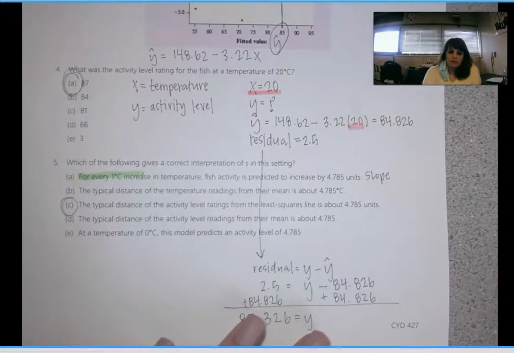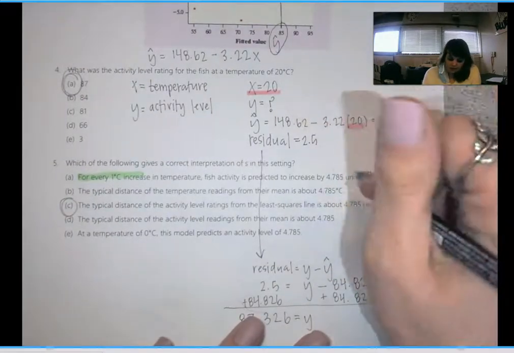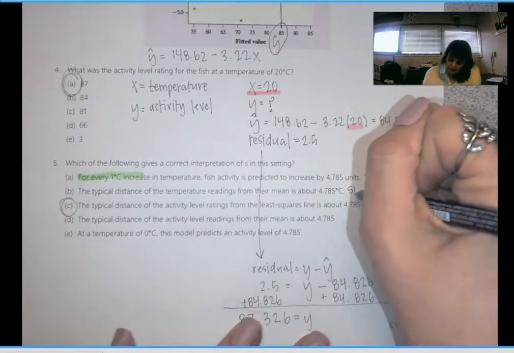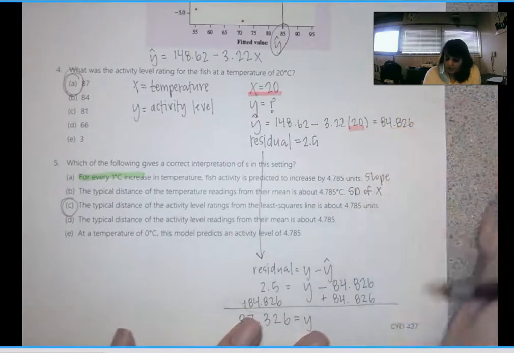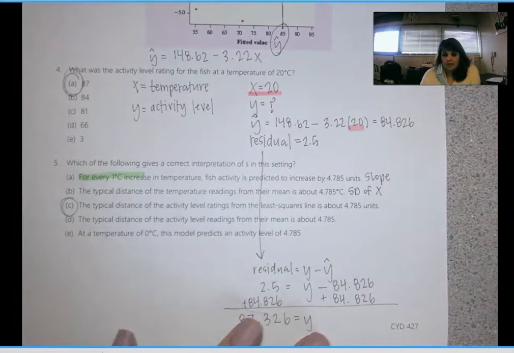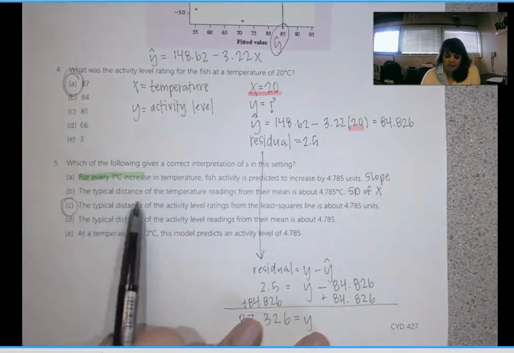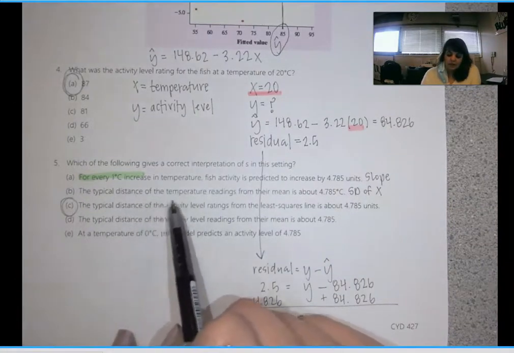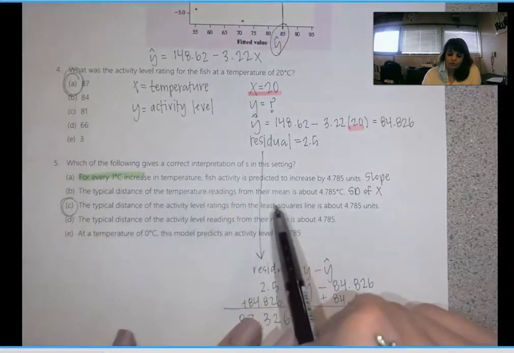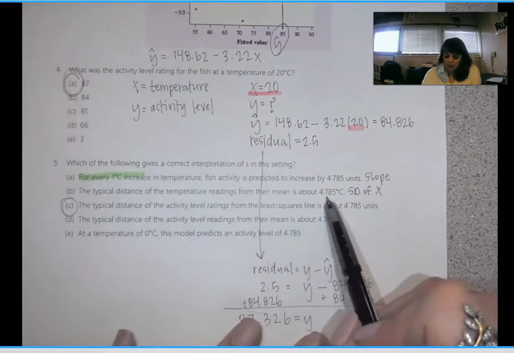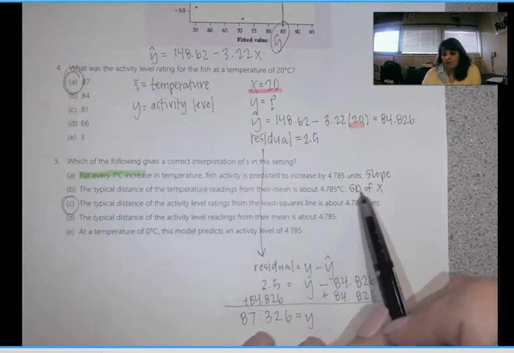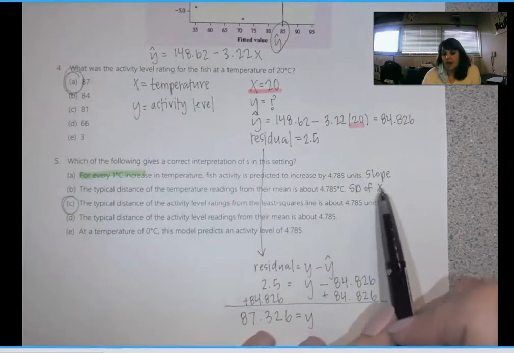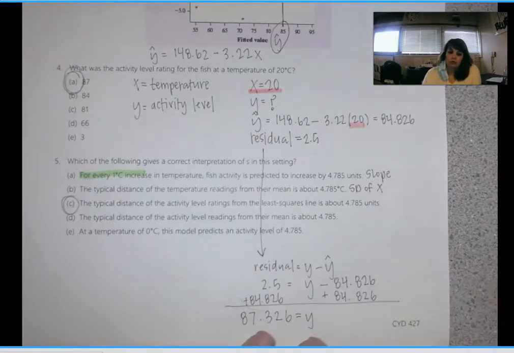B: The typical distance of temperature readings from their mean is about 4.785. So this is the standard deviation of X. X is temperature, and this is saying that the typical distance of the X value from the mean is 4.785. This is standard deviation of the X variable.